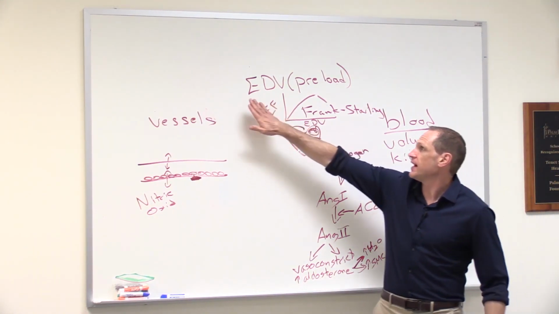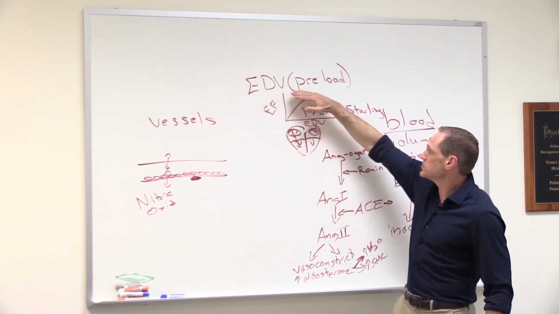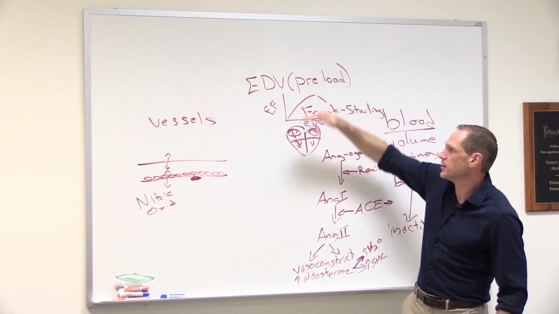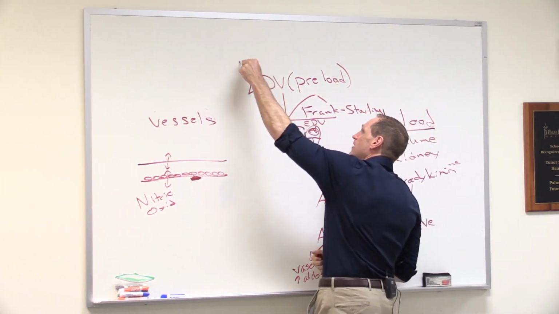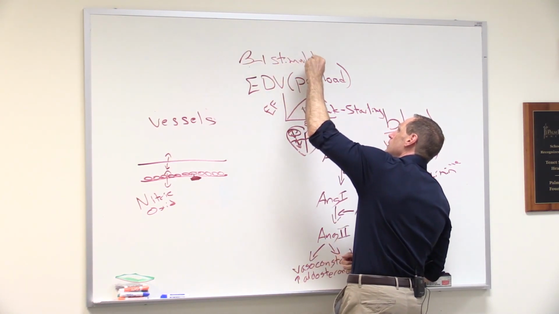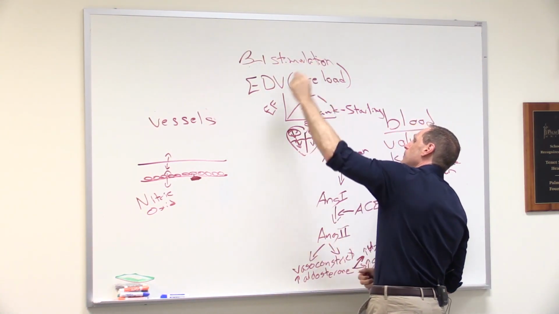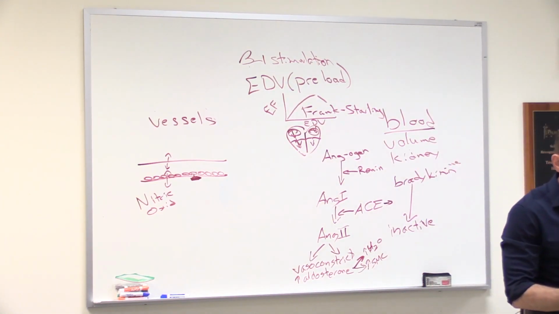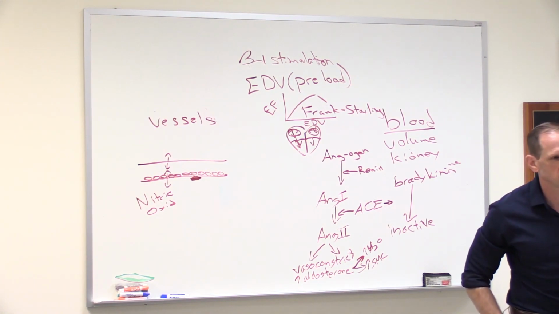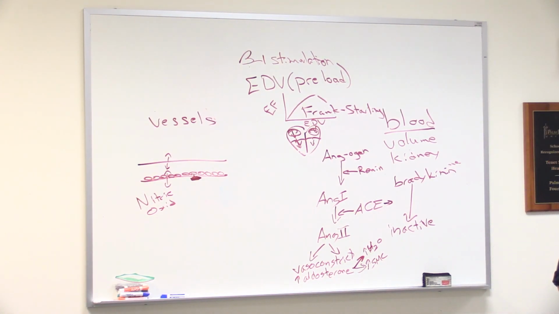in addition to the end diastolic volume, which is going to increase contractility through the Frank-Starling law of the heart, we also have beta 1 stimulation by norepinephrine and epinephrine. So there are 2 mechanisms for increasing contractility.